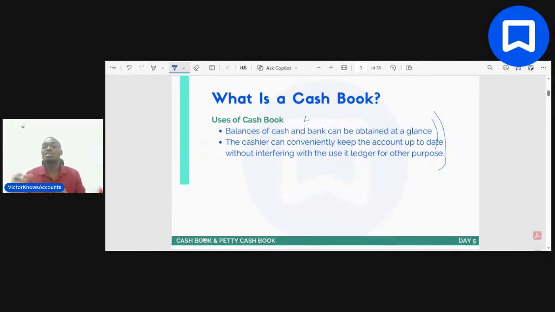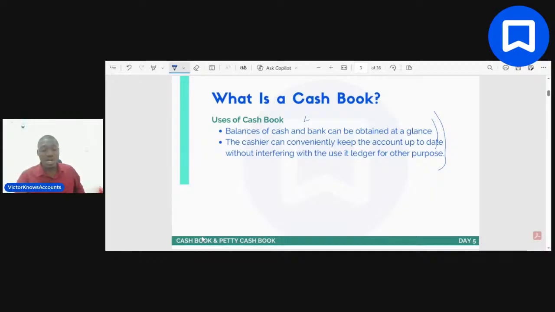Because any transaction that involves you being paid passes through the cash book, it means that, for example, at the end of a week, if you want to know the amount of physical cash that you're supposed to have, you don't necessarily have to go to your cash till, your cash box, or wherever you keep your cash and start counting it one by one. So far as your cash book has been prepared accurately, you can just check through your cash book.